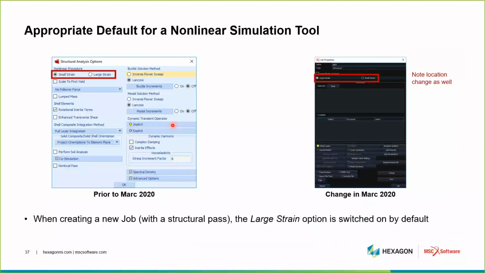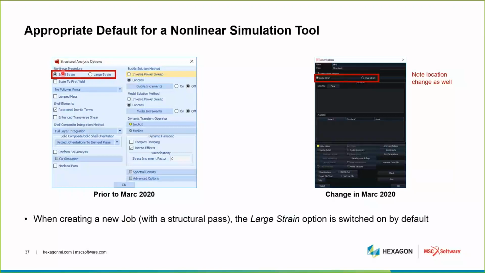In March 2020, we've now made large strain the default. We feel, I think correctly so, that the vast majority of our users turn on large strain. So just no longer making this change necessary, when we multiply it by the number of users, the number of models they created, and the number of times they have to do it, it's quite significant. So large strain is now the default.